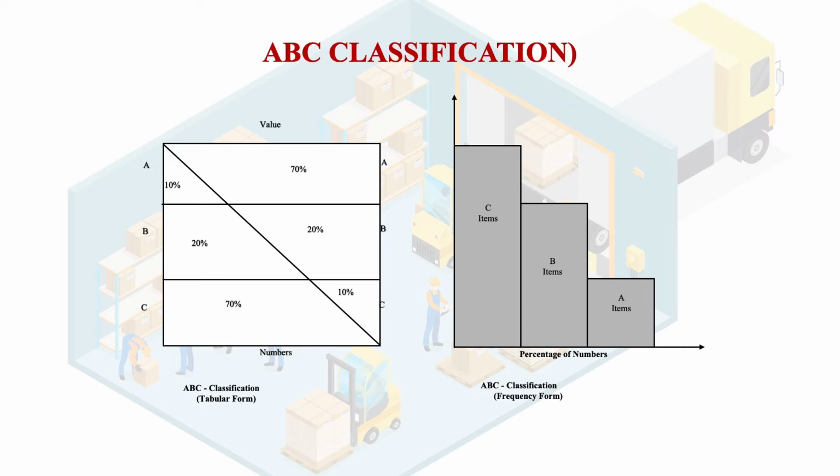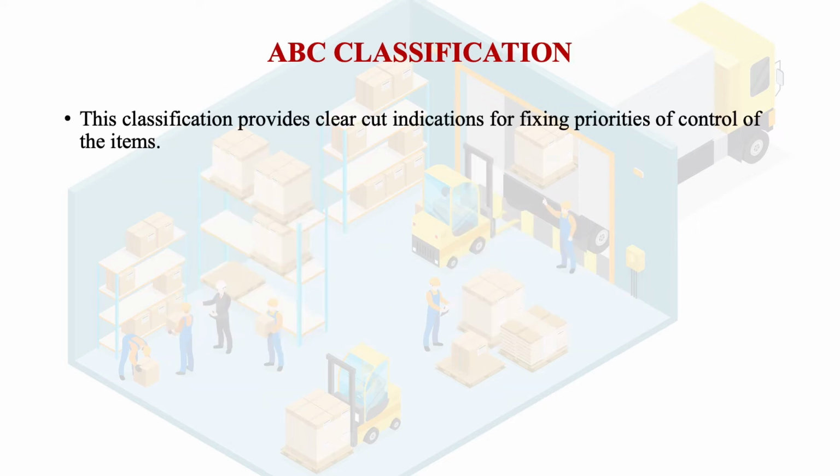C, number of items is more, while the value is less. Same thing has been depicted through your bar chart. This classification, that means ABC classification, provides a clear-cut indication for fixing priorities of control of items.